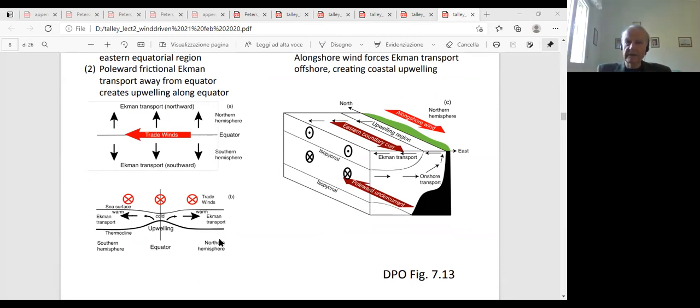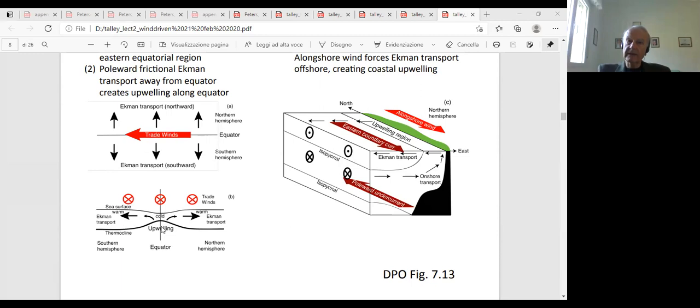In the cross section, you can see the equator, and there is an Ekman transport to the southern hemisphere in one direction, northern hemisphere in the other direction, and the wind is into the screen. And here you have the upwelling.